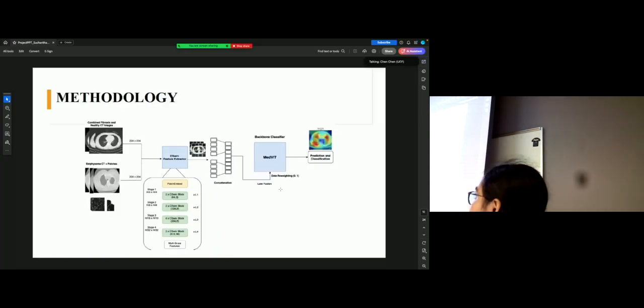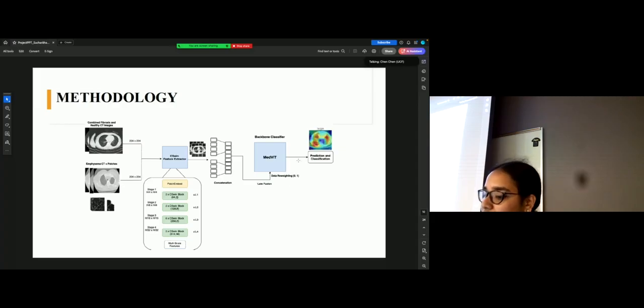Moving on to methodology, this is what I followed. The 2D CT images are resized into 224 by 224, and then I used a CSWin transformer as a feature extractor. This model is only used as a feature extractor because Swin transformers, we all know, have good feature extracting properties. These extracted features are then concatenated and used for classification.